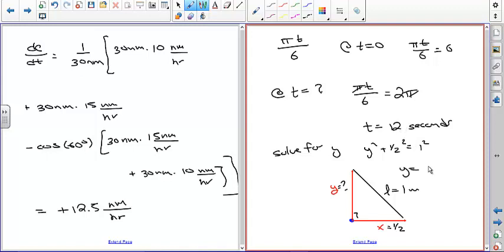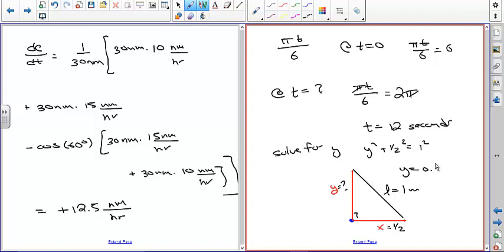Let's see, Mark, what do you get? Square root of 1 point, I don't know.